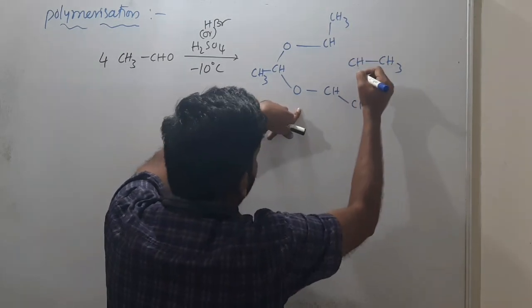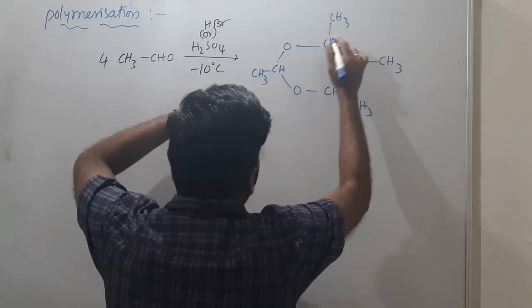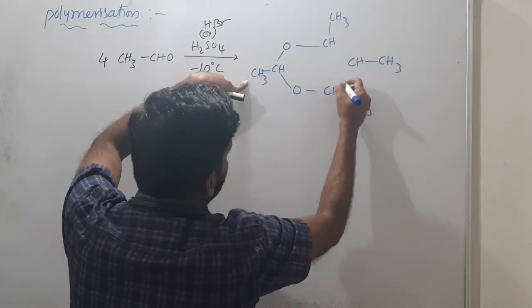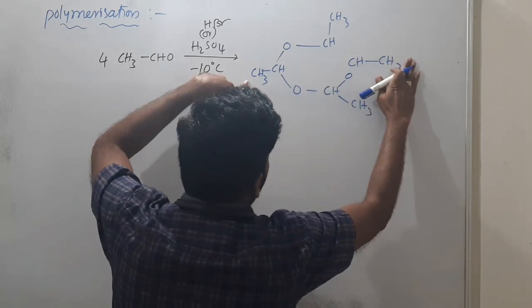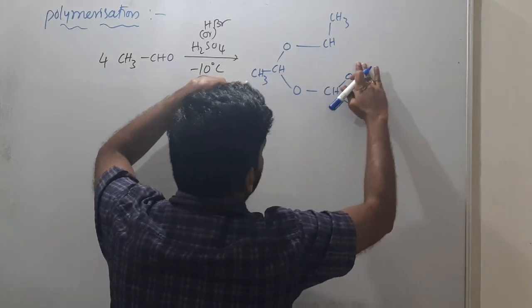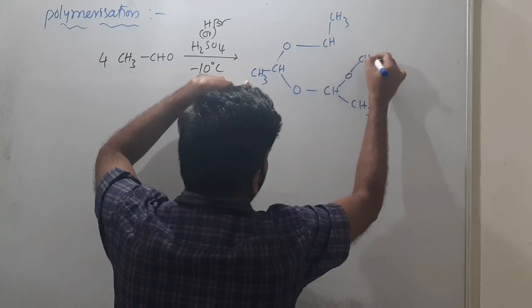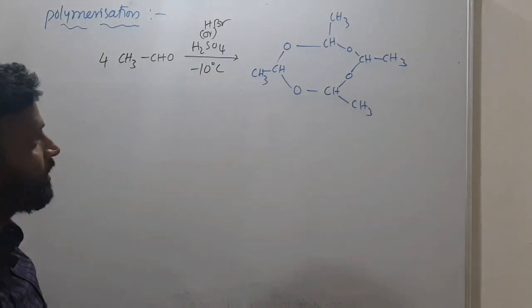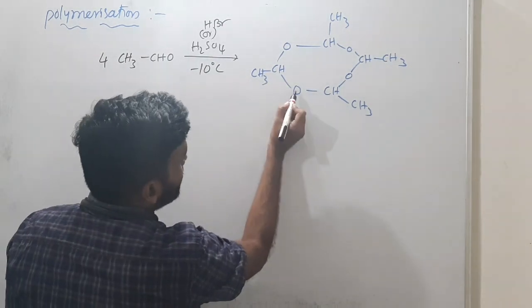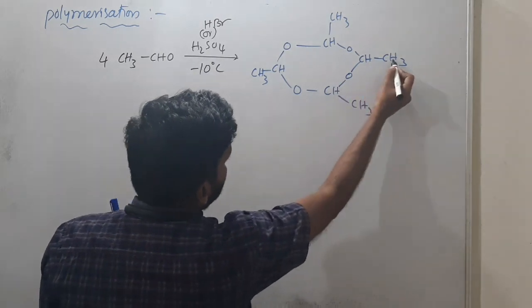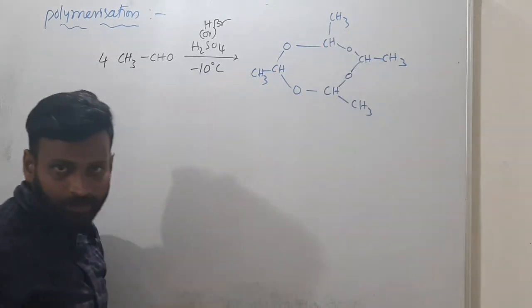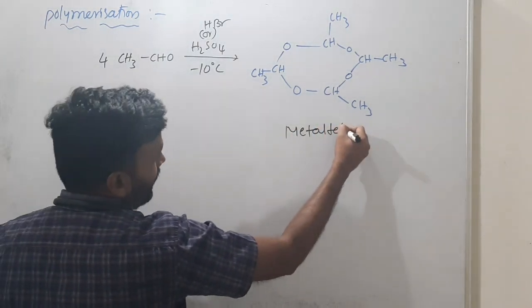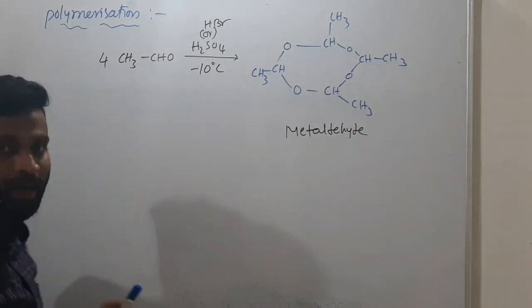Yes, now I have 4. Then you will have CH, CH3, and between these two one oxygen. So you have CH3CHO four times. This is called metaldehyde.